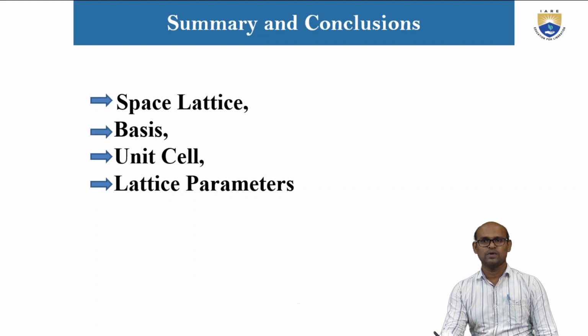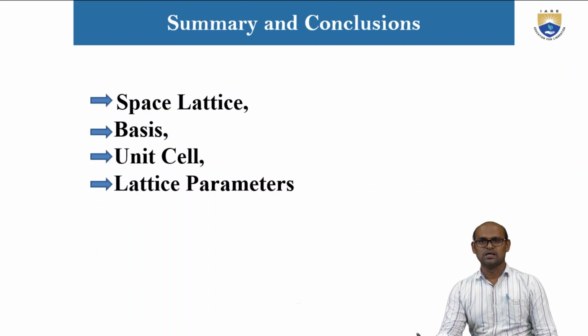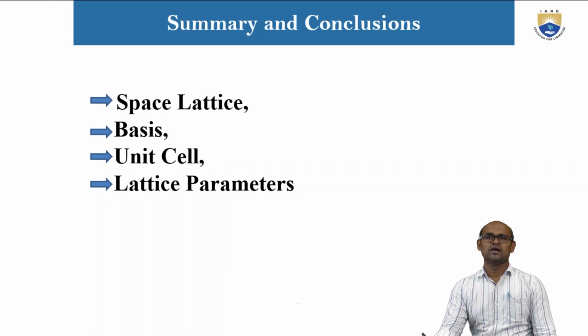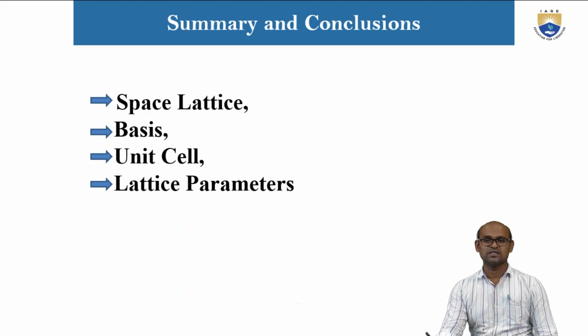We generated this space lattice using the concept of translation that is applied repeatedly in 3 dimensions. First, we generate a row of points using the repeated translation, and then we apply the repeated translation along another line, which generates a planar array of points. Then, when we apply the translation to another plane, we generate a 3-dimensional network of points arranged in a regular periodic manner, which is called as space lattice.